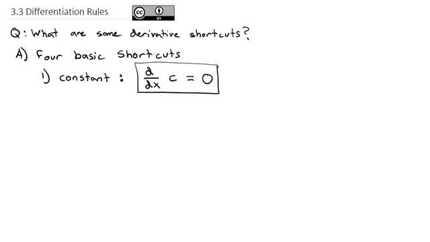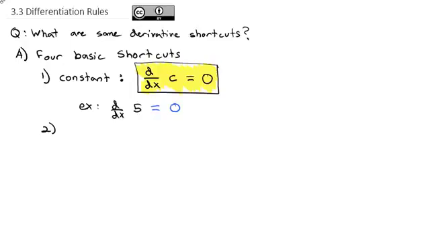Because a constant is a straight line, and the derivative of a straight flat line is 0. So for example, if I wanted to calculate the derivative of 5, a constant, well, that's just going to be 0 because 5 is not changing. It has a slope of 0.